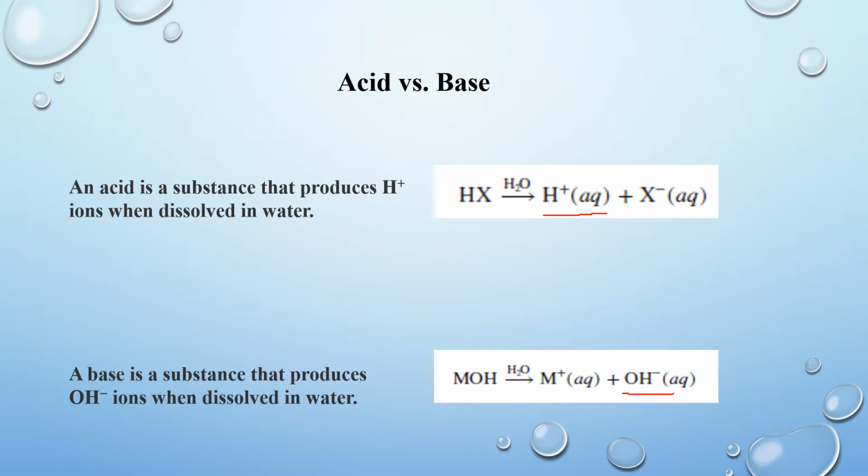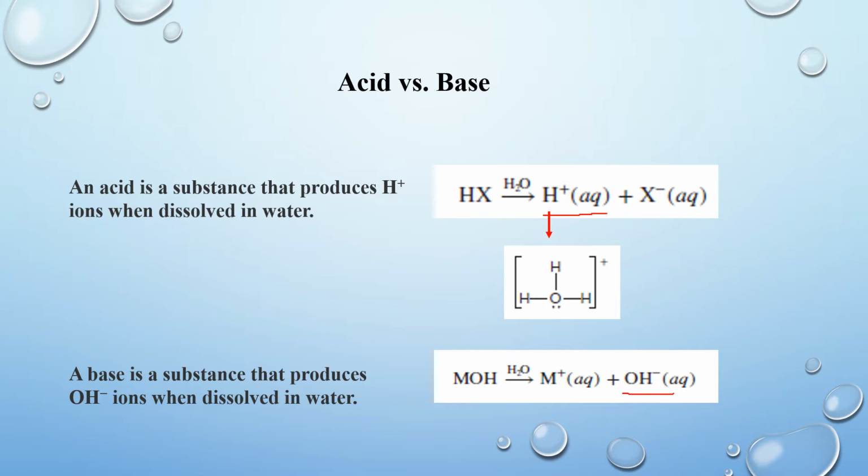For the proton, when it exists in water, it actually combines with a water molecule, because the lone pair electrons on the oxygen in water will attract this positively charged proton.